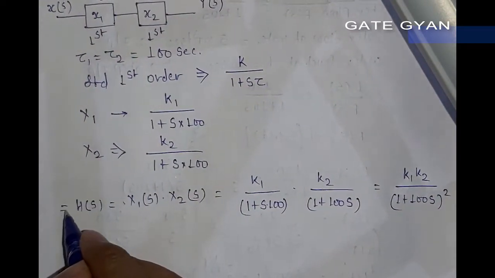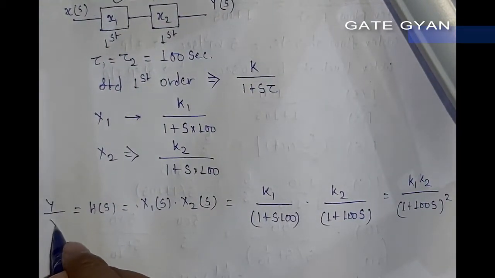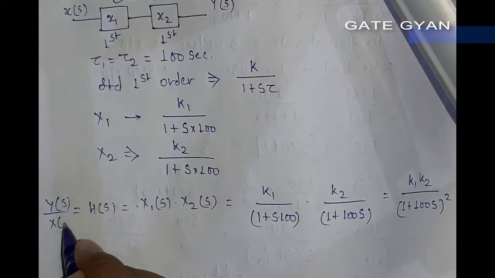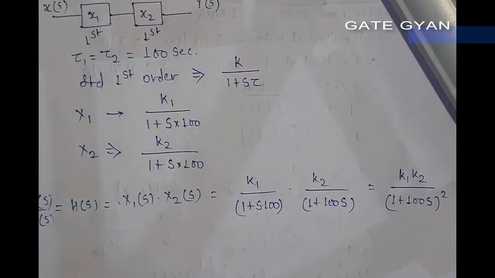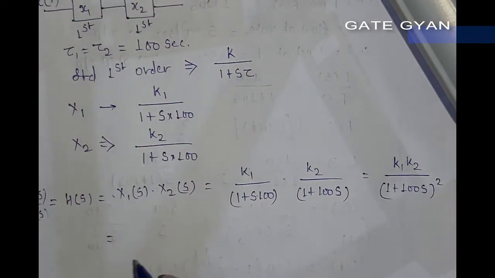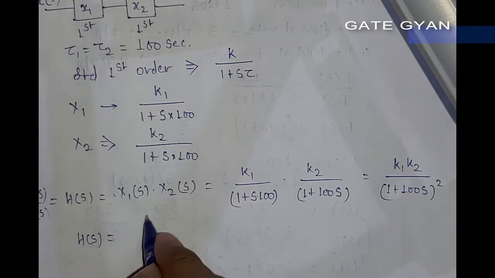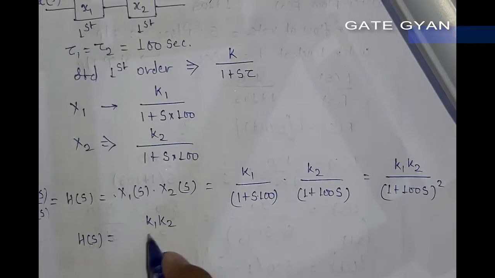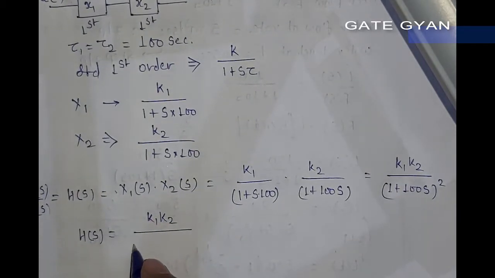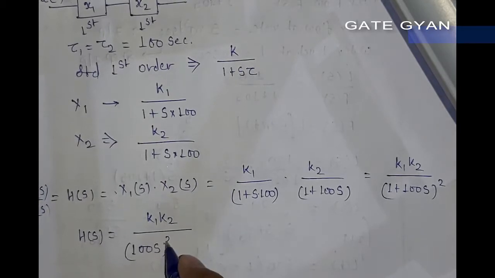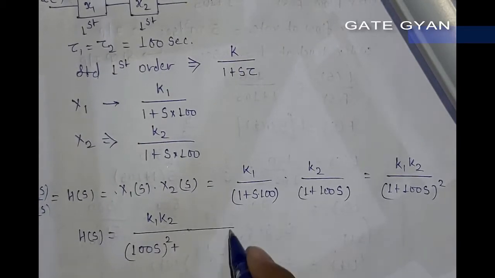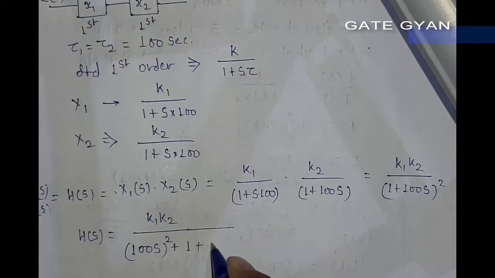H of s is nothing but y of s divided by x of s. By simplifying, h of s is k1 into k2 divided by (100 s) whole square plus 1 plus 200 s.